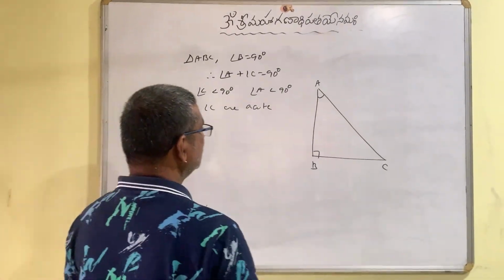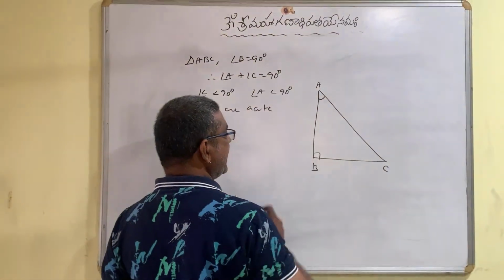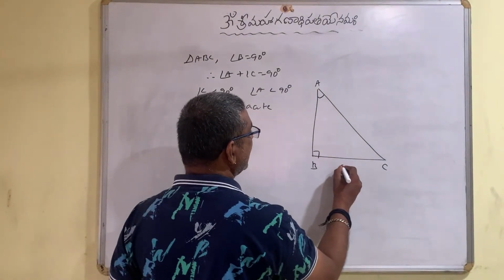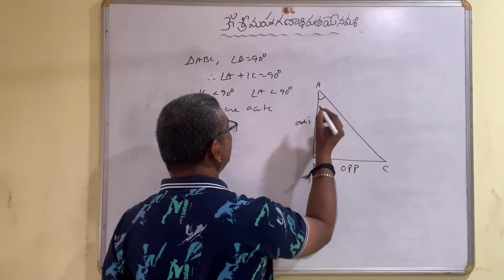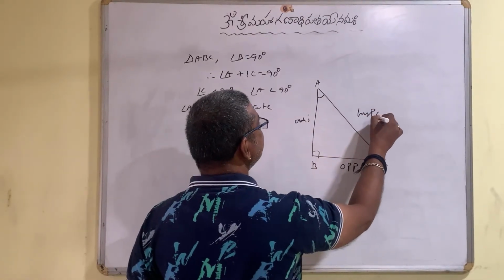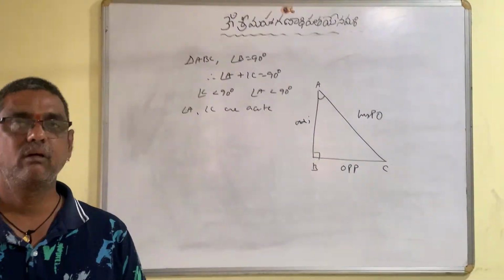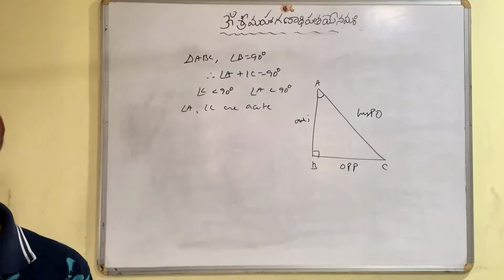Now, with respect to angle A, BC is side opposite to angle A and this is side adjacent to angle A, and AC is the hypotenuse.